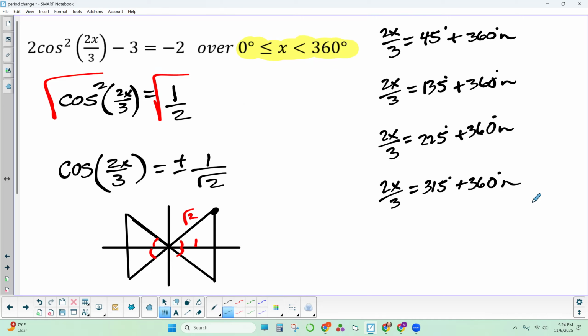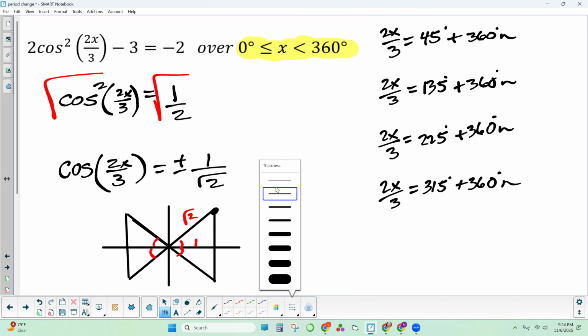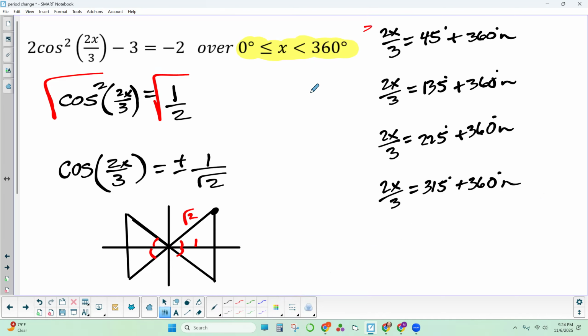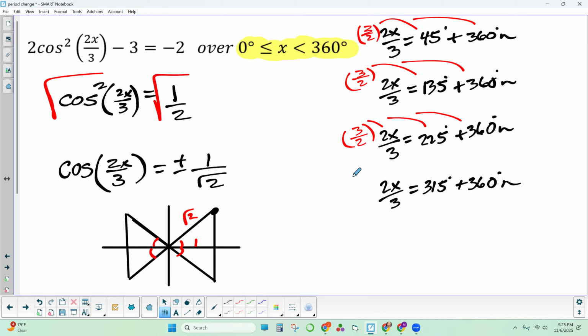Okay, so now to solve for x, we have to multiply by the reciprocal of 2/3. So everything here is going to get multiplied by 3/2. Okay, 3/2 to every term here. I'm going to shortcut this just to show everything here gets multiplied by 3/2.